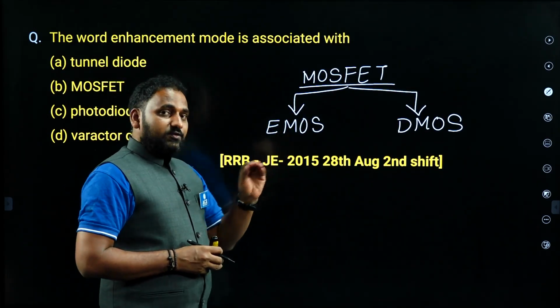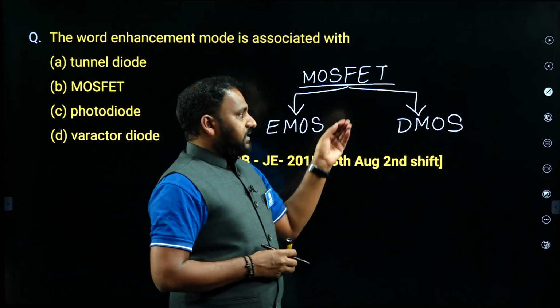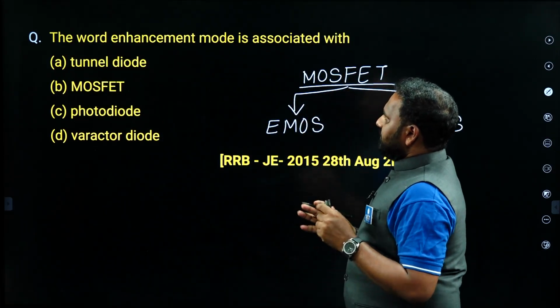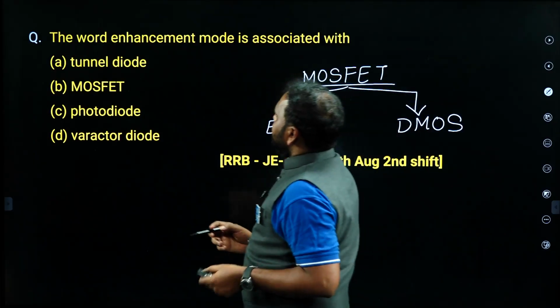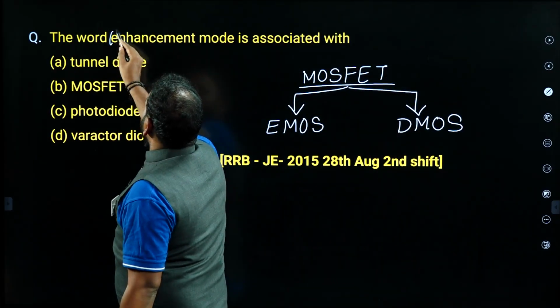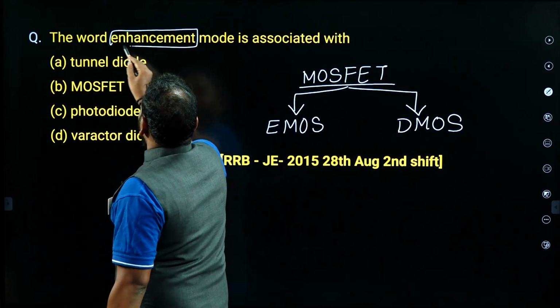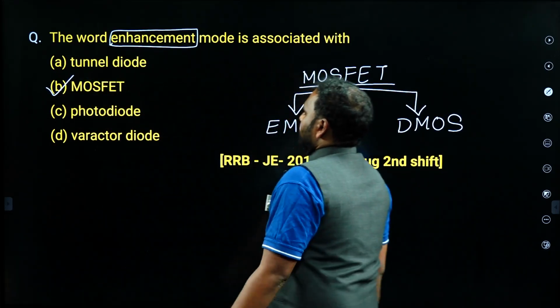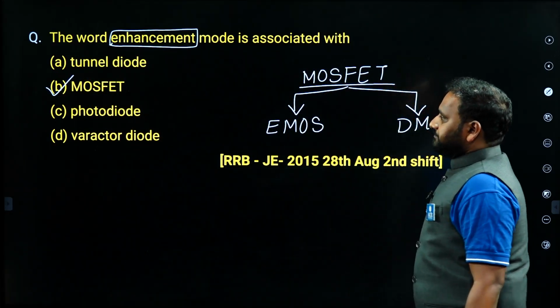In enhancement MOS, initially no channel is available. In depletion MOS, initially a channel is available. Anyways, for the given question, enhancement is a word related to MOSFET, not to tunnel diode, photodiode or varactor diode.